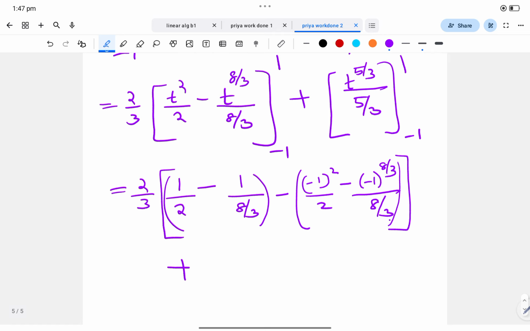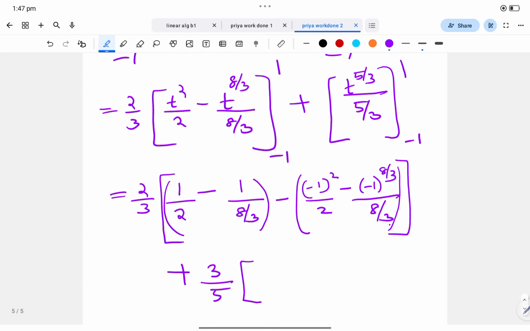Plus, next is 5/3, I am reciprocating it: so 3/5 into t^(5/3), substituting the upper limit 1, we get 1^(5/3), which is 1, minus (−1)^(5/3).